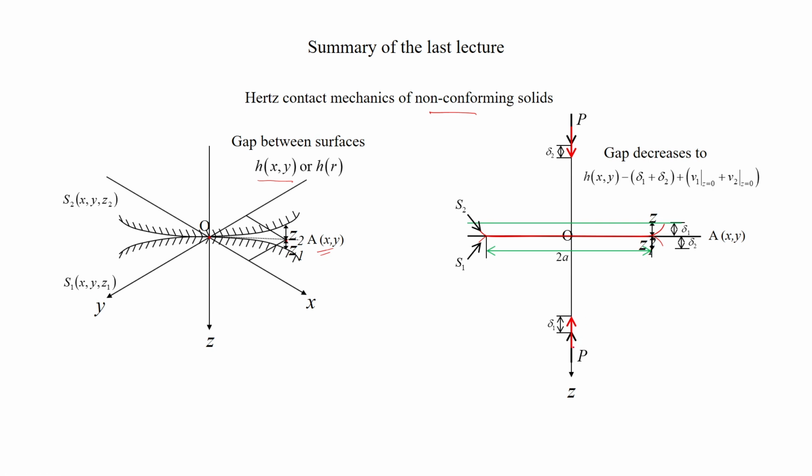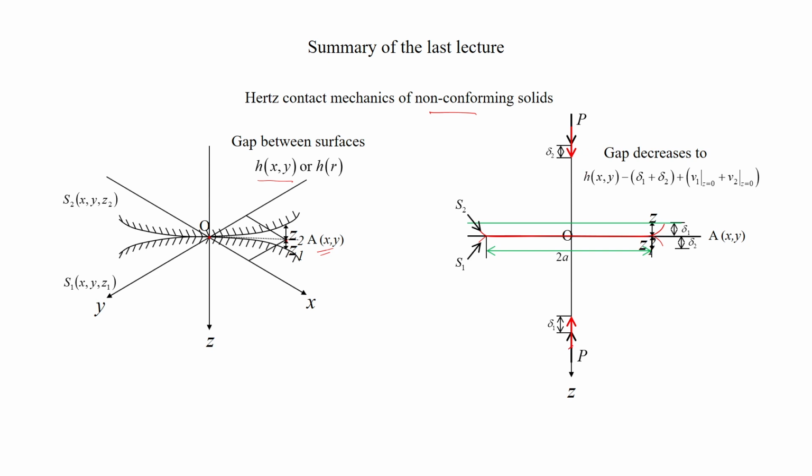Let us say the point of application of the load for solid 1 decreases by delta 1 here, and for solid 2 the point of application of load moves by distance delta 2 here.